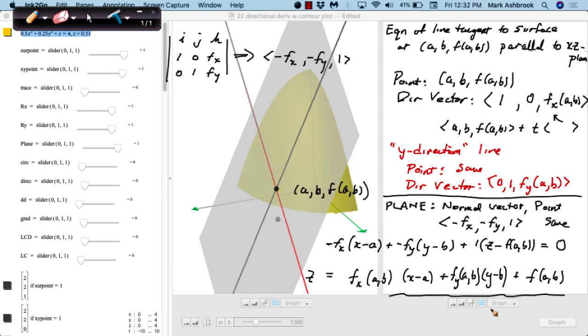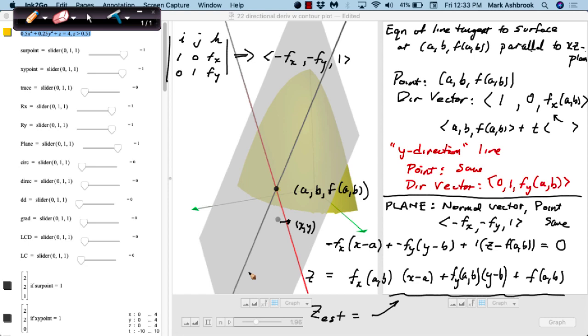Yeah. It's the same as our estimate from earlier. So do you remember what our z estimate was earlier in class? If we make a little change, if we change that point to (x, y), what was our z estimate? Same thing. Exact same thing. So what's the conclusion, right? If you move a little bit away from this point, and you find an estimate of your new z value based on partial derivatives, what are you really doing?